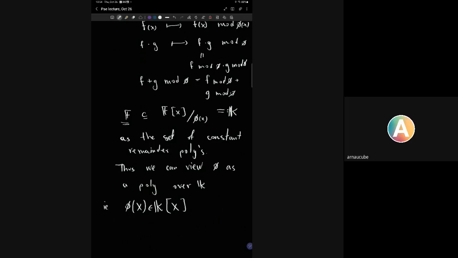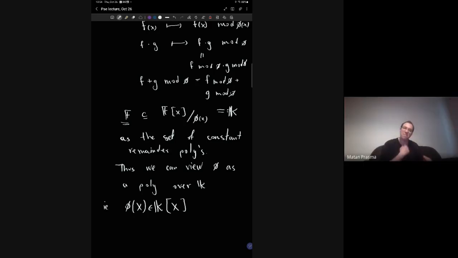But then you say that you can view phi as the polynomial over k. But if you evaluate phi over k, which is f of x over phi, in my mind, I was following, but at this step, it was like, okay, phi is getting cancelled out because it's modulo phi.